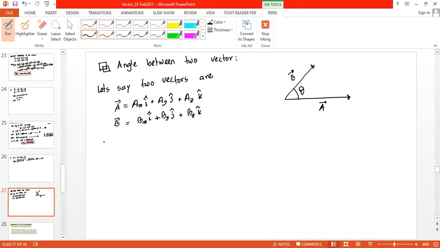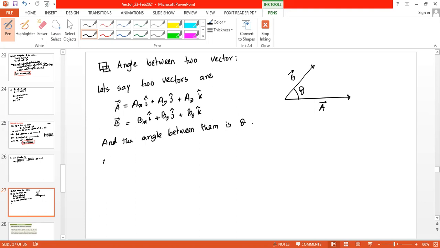Okay, these are the two vectors, and the angle between them is theta, and we want to know the value of theta. To get the value of theta, what I have to do at first is take a scalar product of A and B.